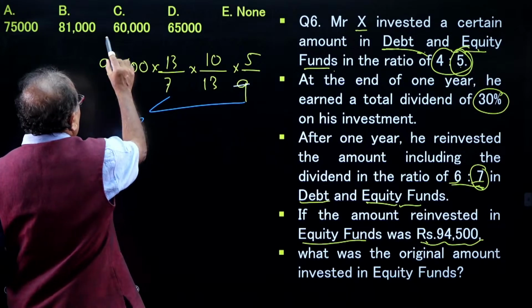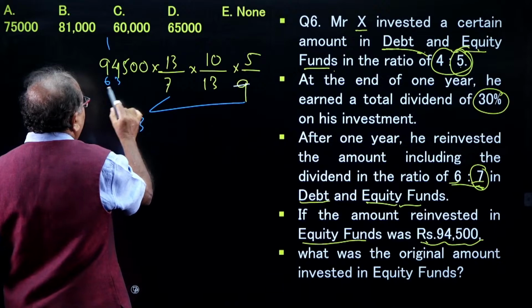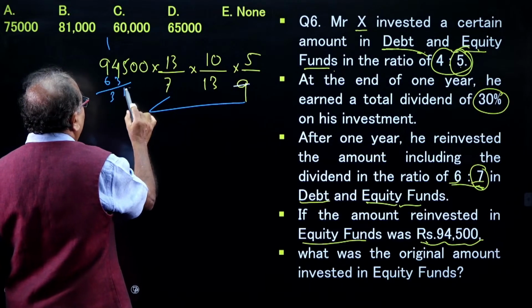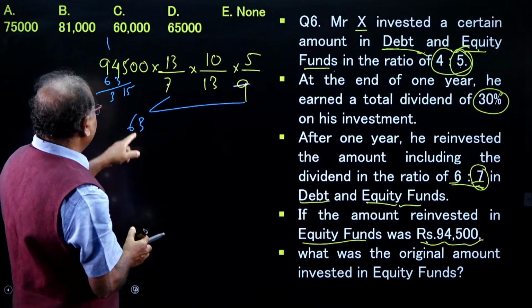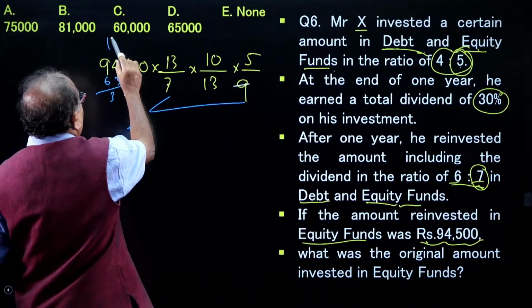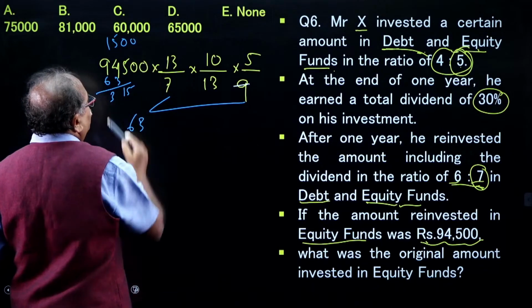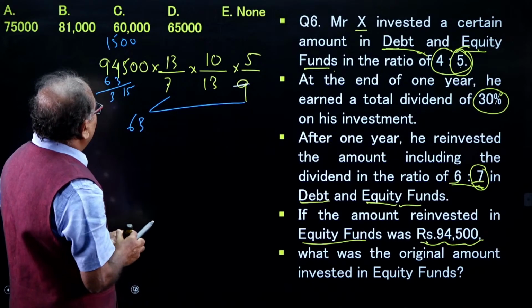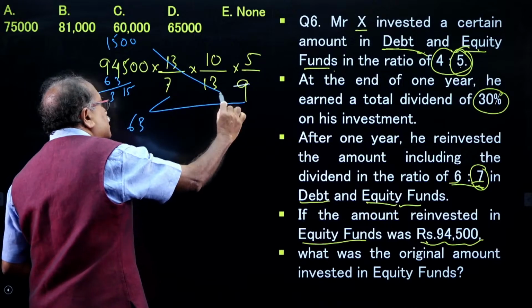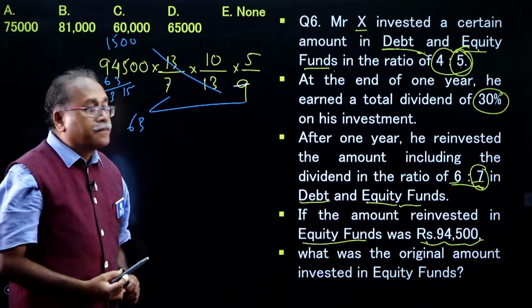Look at this one, 1 time, that is 63, and this is 1 and 3 and 5. How many times? 5 times this one. So, that is 15 followed by 20, and this 13 and 13 are getting cancelled.